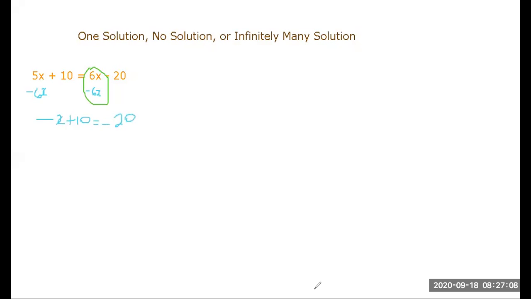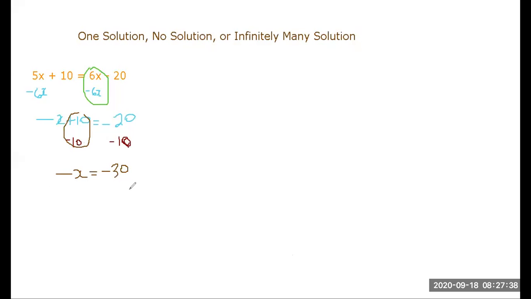Now for my next step, I need to subtract 10 because I need to get the 10 on the other side. And once I've done that, I know that this is equal to 0. So now I'm left with minus x is equal to negative 20 minus 10, which is negative 30.